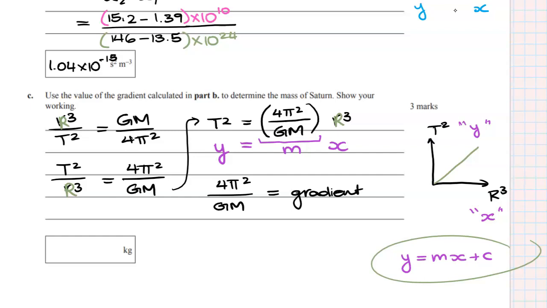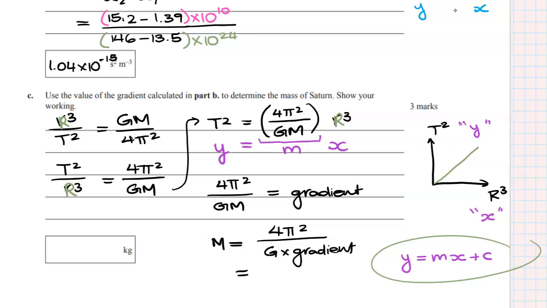So this means if we wanted to find out what m was, algebraically rearranging this, m is going to equal, I'm basically swapping m and the gradient. It's going to be 4 pi squared over g times the gradient.